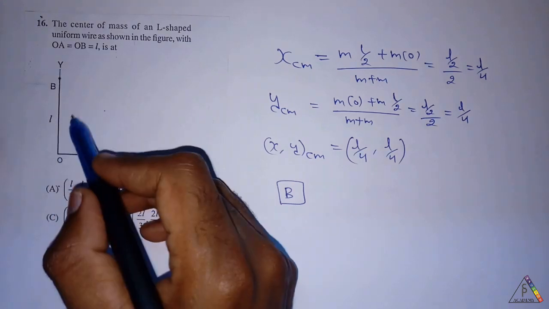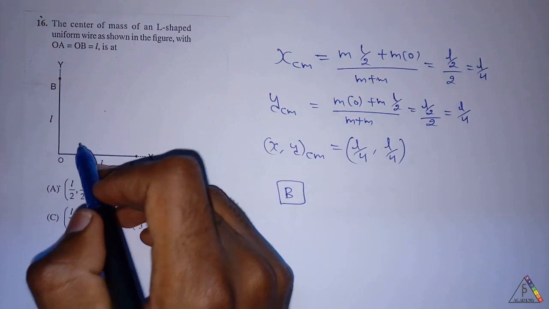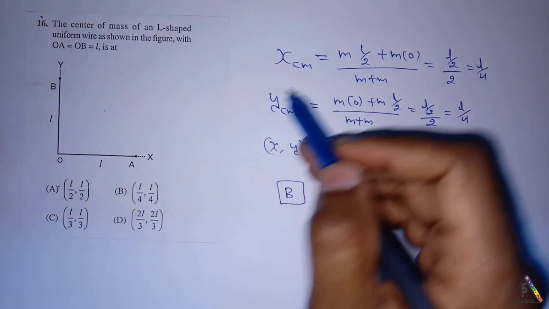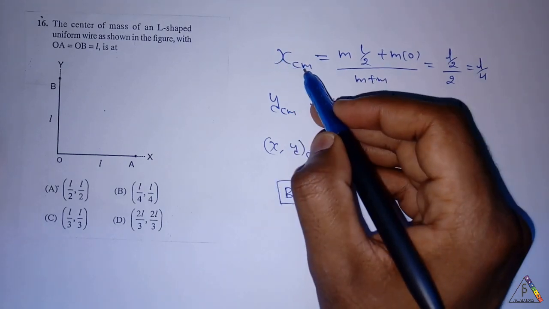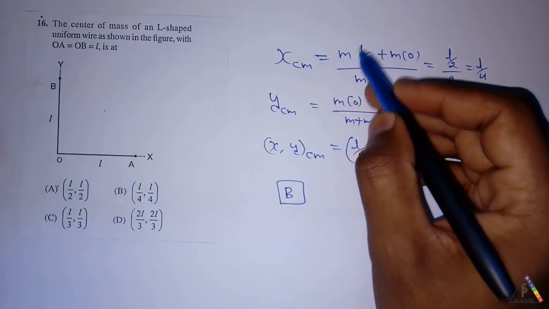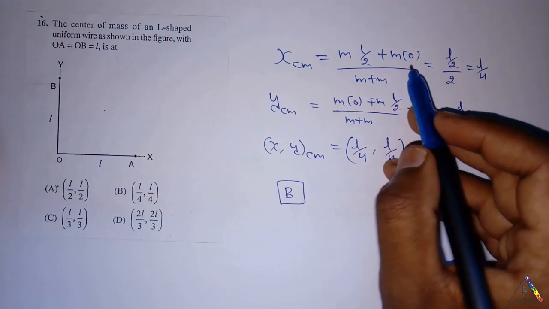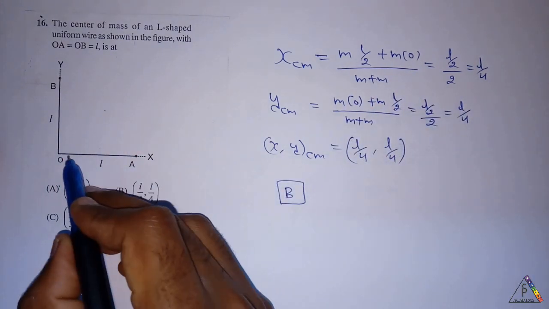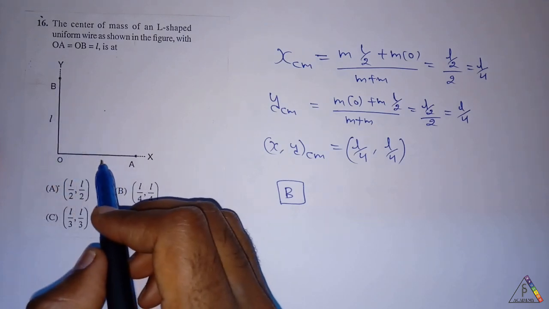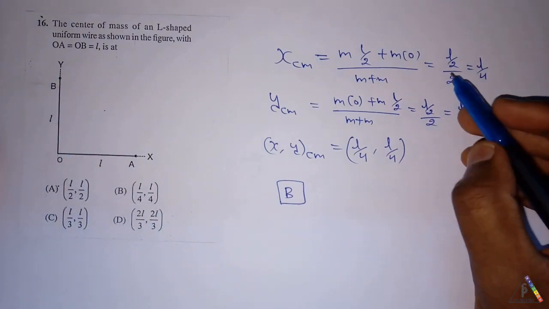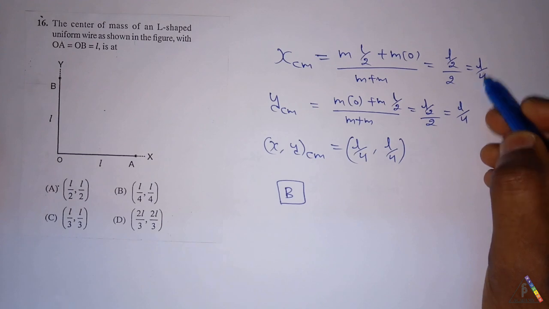Therefore, the combination of these two wires will have the center of mass x component, that is x cm equals m into L by 2 plus m into 0 divided by m plus m. Since we have considered here the mass of these wires is m, that is same. Therefore L by 2 by 2, that is equal to L by 4.